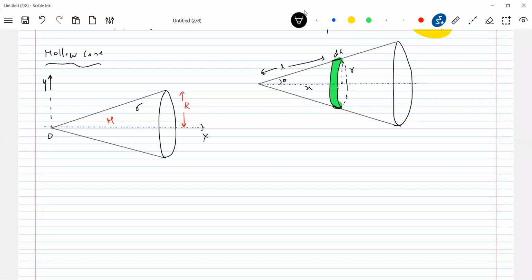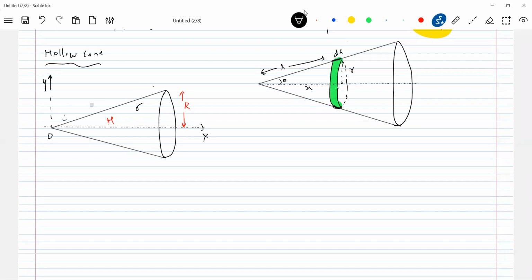How do you define sigma? Mass by surface area of a cone. What is the surface area of a cone? Pi R L. Let L be the slant length of the cone. L is not given; we are assuming it.